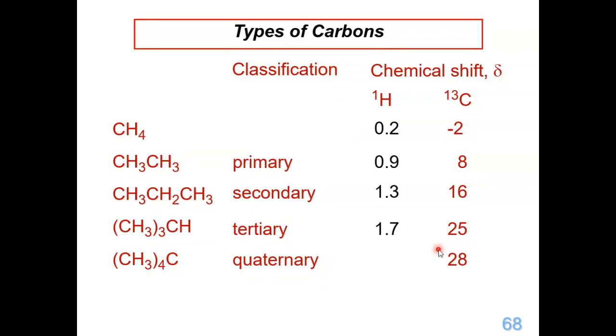And this carbon, I'm talking about this carbon, has 4 carbons attached to it. It's a quaternary carbon, so no hydrogen donated electron density to it. So this carbon has the highest chemical shift value. Same argument.